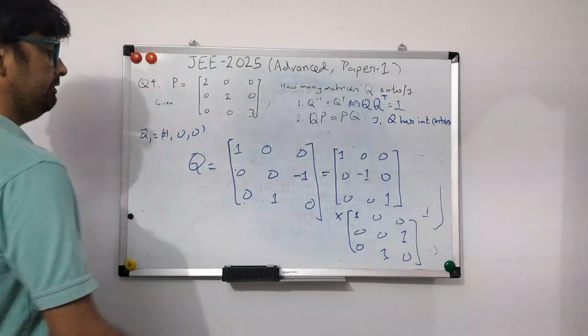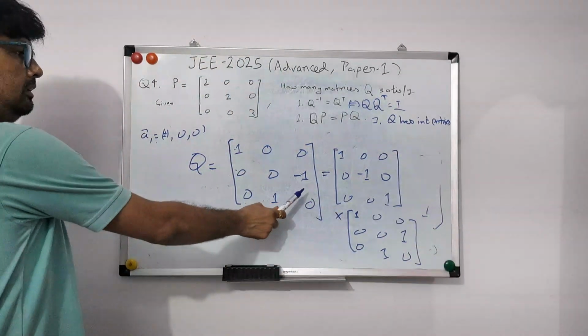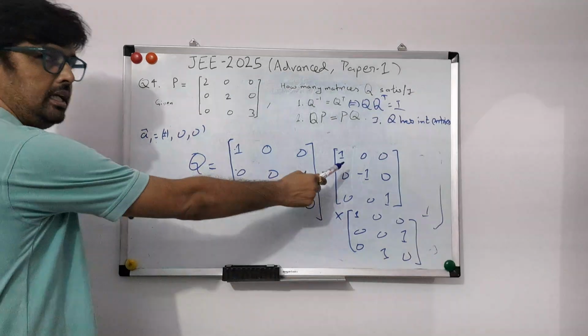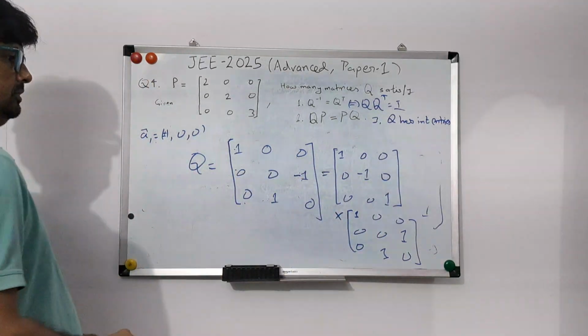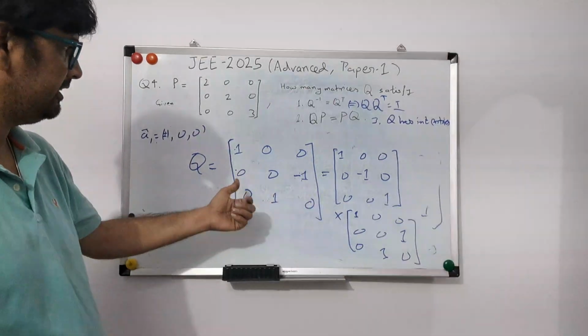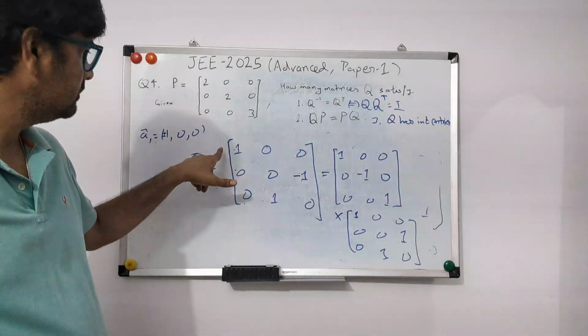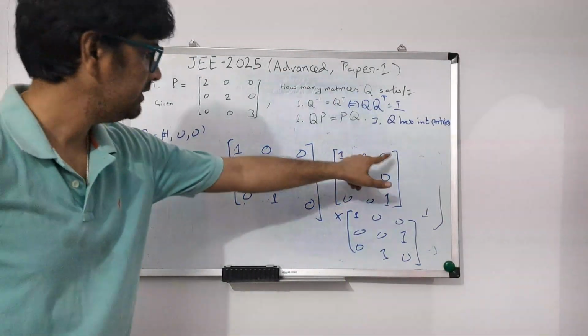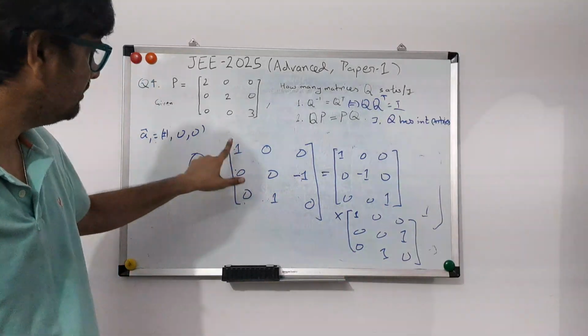So we have factored out this sign as a matrix multiplication. Let's see that performing this multiplication we get this matrix. 1 0 0 times this column, we get 1.